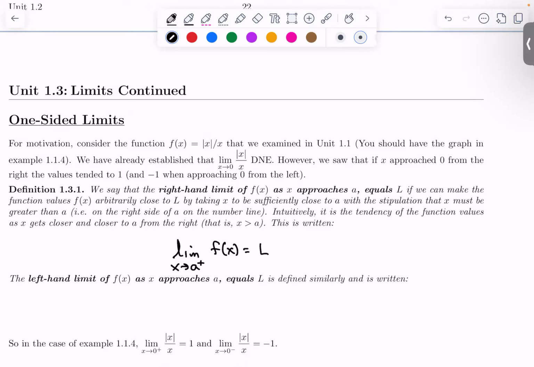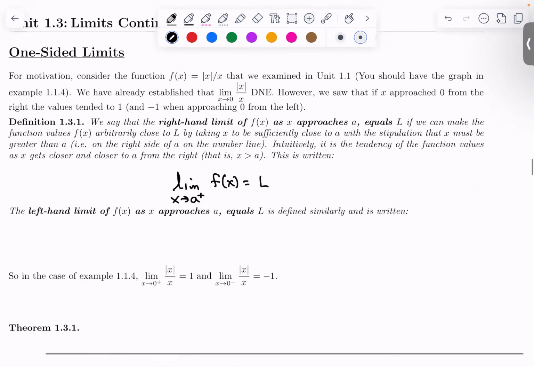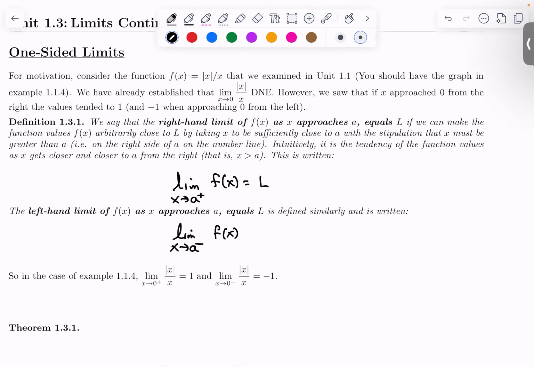The left-handed limit is going to be very similar, but instead of a plus, it's going to be a minus. So the left-handed limit is the limit as x approaches a with a minus sign, meaning from the left, of f of x equals L.